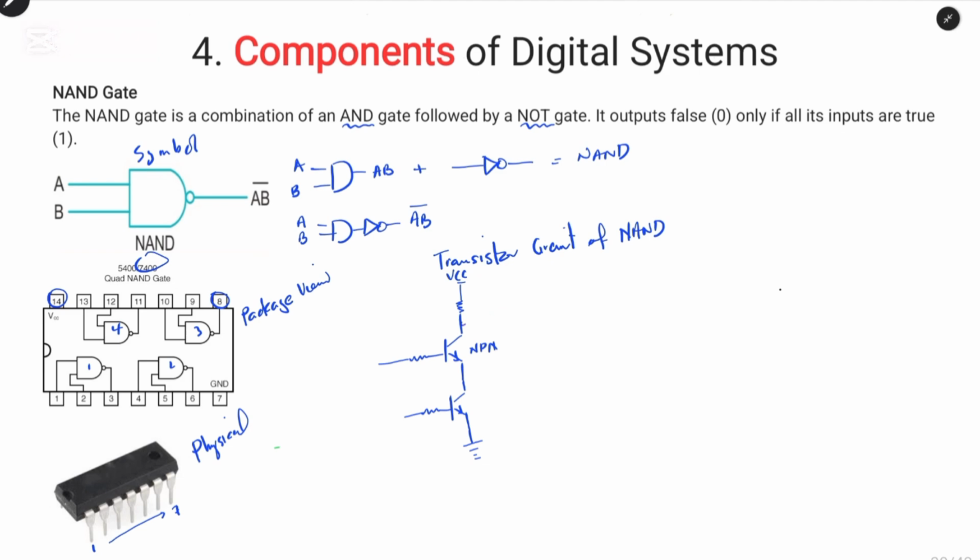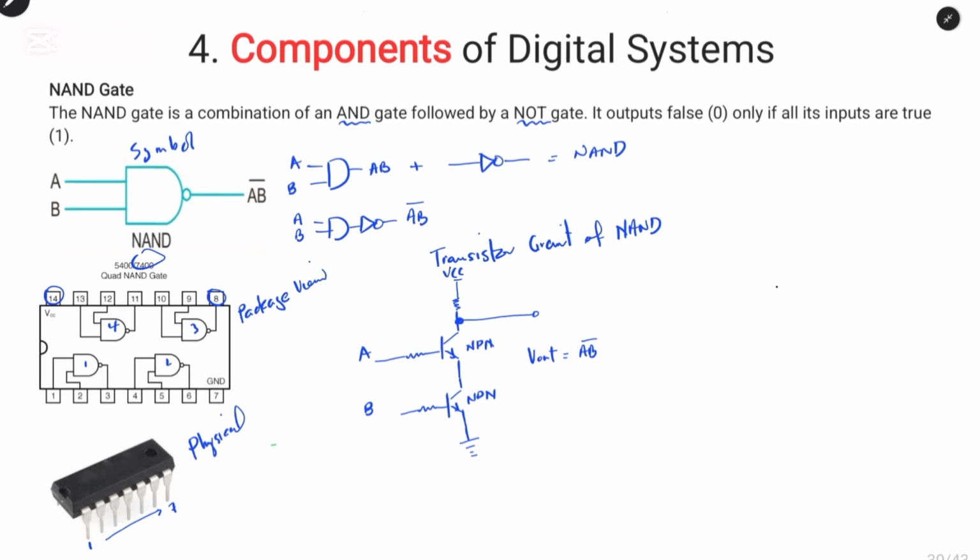The output is now taken from the collector of the first NPN transistor, and it is connected to the Vout, which equals AB bar. And we have input A and input B.